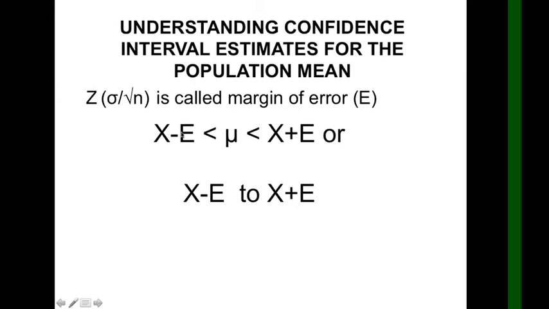Ito yun: mean minus margin of error less than mu less than mean plus margin of error. Or, pwede siyang mean minus margin of error to mean plus margin of error. Mamaya malalaman natin kung ano ba itong mga formula na to at paano sila gamitin in our example.